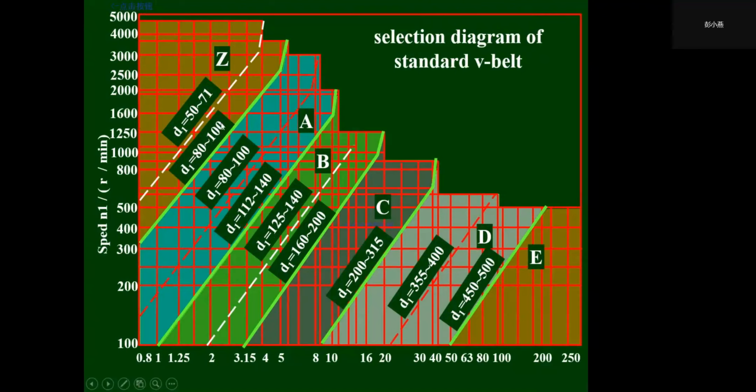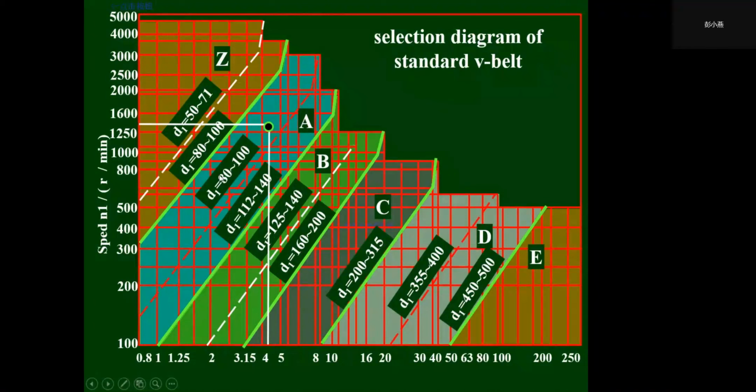So the point will be located in this area, okay? Any question? This is the speed and this is the PCA, so we can find the point. The point is located in area A, so we can choose A type belt, right?